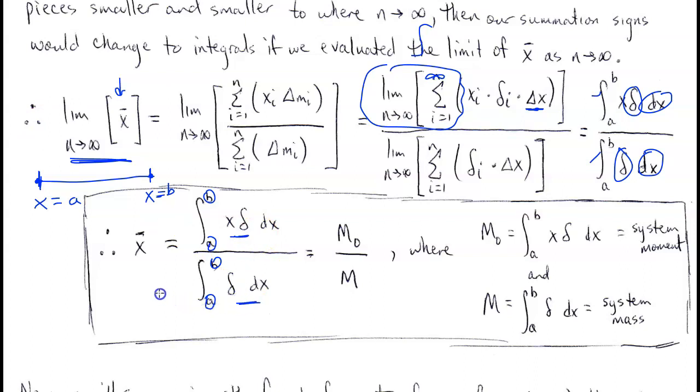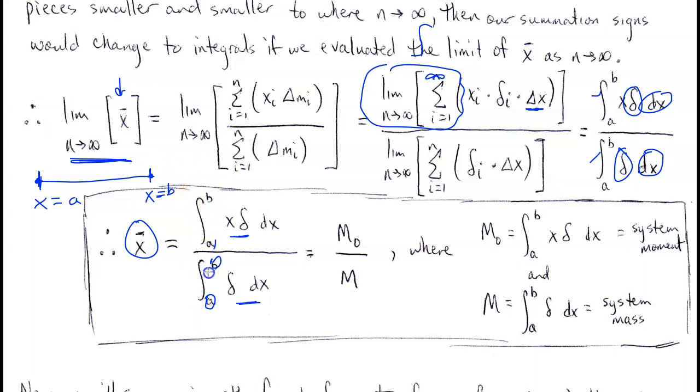If we take the infinite sum of the system moments and divide it by the infinite sum of the masses as the number of pieces that we cut that rod into approaches infinity, then we can figure out what our center of mass, or our one-dimensional centroid, would be in terms of integrals, or in this case definite integrals.